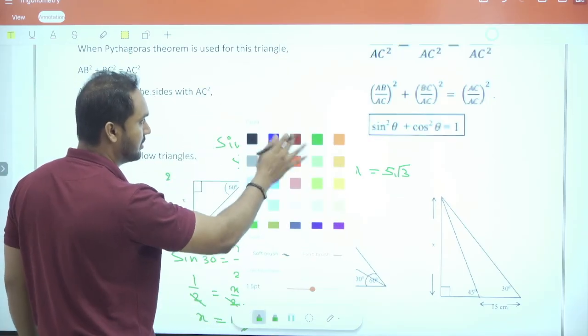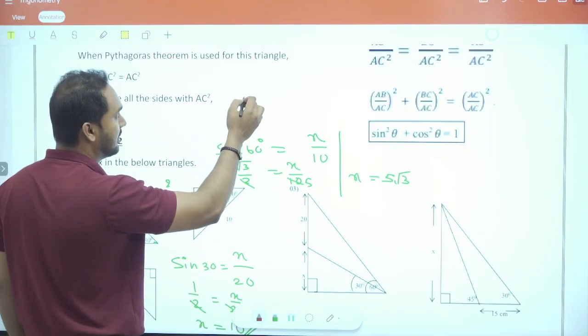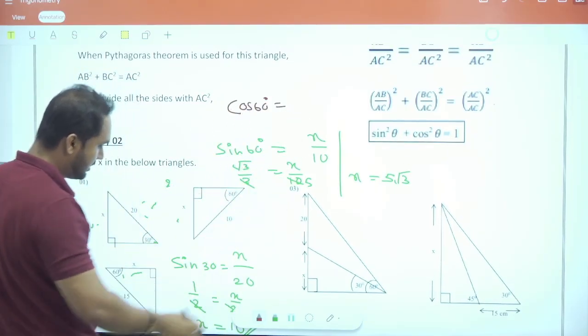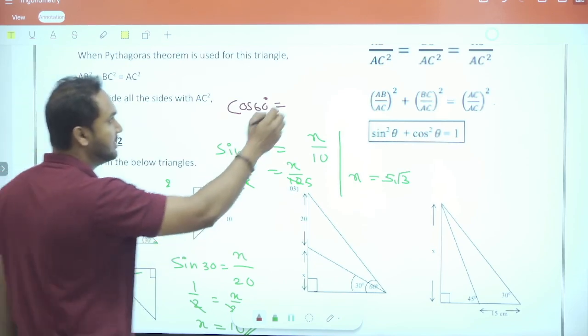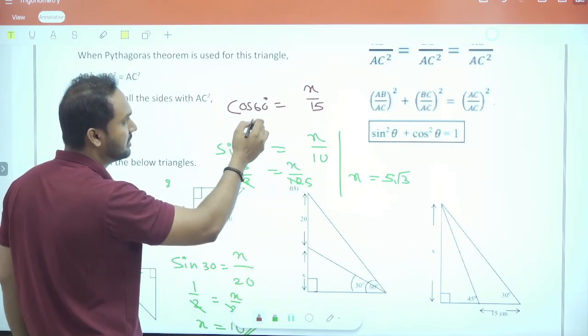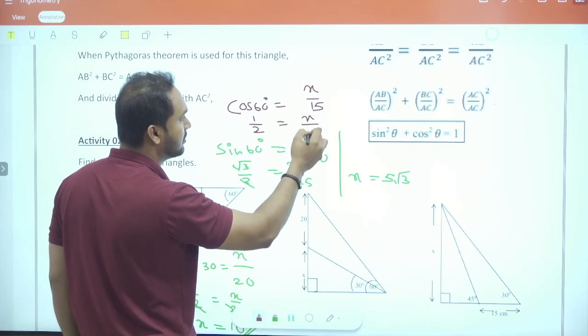Let's try this one. So it will be cos 60, right? Cos 60 equals adjacent over hypotenuse, which is x over 15, right? And the cos 60 is how much? Half. Now half equals x over 15.